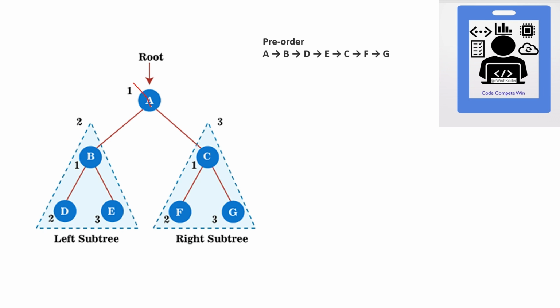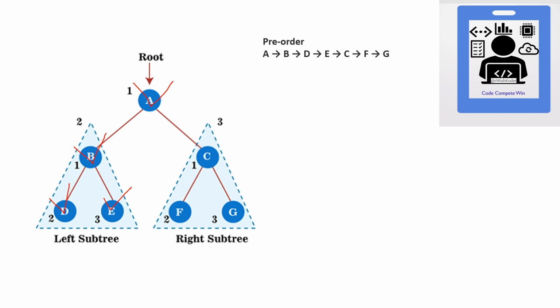First, we print the data present inside the root and then visit the left subtree of the root, that is B, and again print the data present inside this root B, and then we start visiting the left subtree of B, that is D, and here D didn't contain any left and right subtree, so we go back to B and start visiting the right subtree of B, that is E. Again E didn't contain any left and right subtree, so we go back to B.